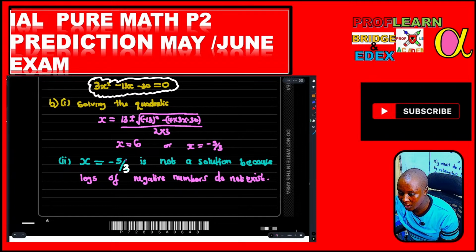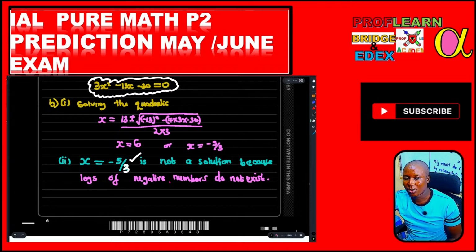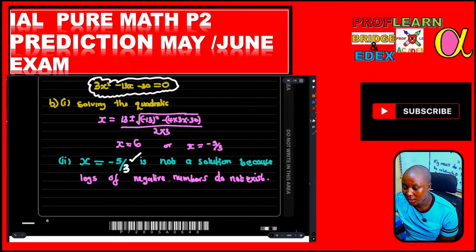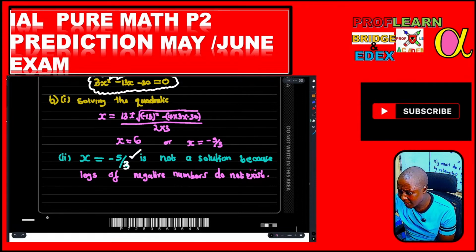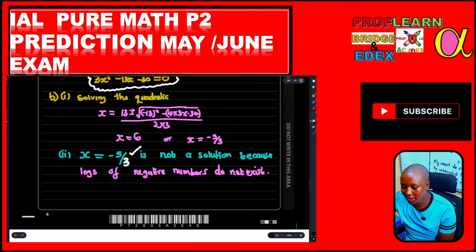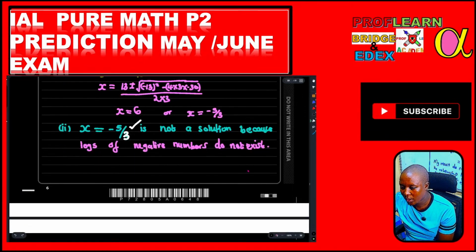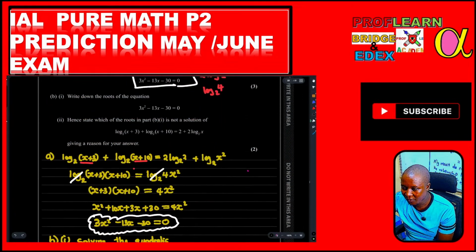The root that is not a solution is this one, because there are no logs of negative numbers. Logs of negative numbers do not exist. If you put it in your calculator, you will get a math error, which means it is undefined, and we will never accept a negative number inside a log.